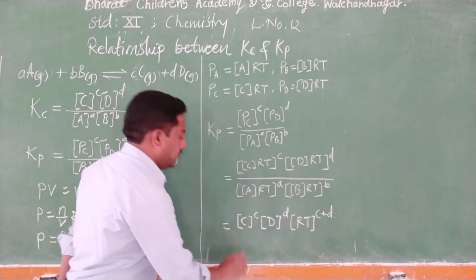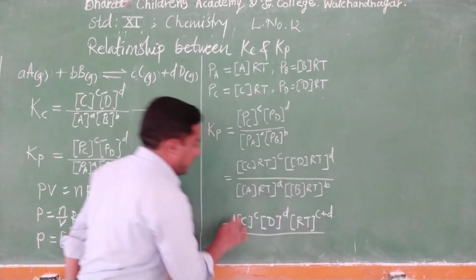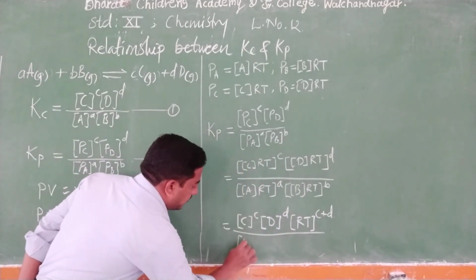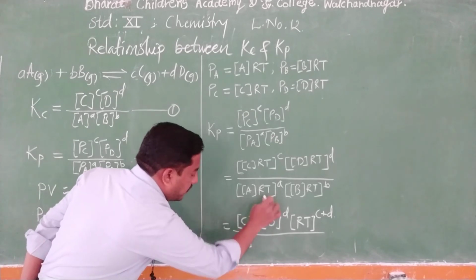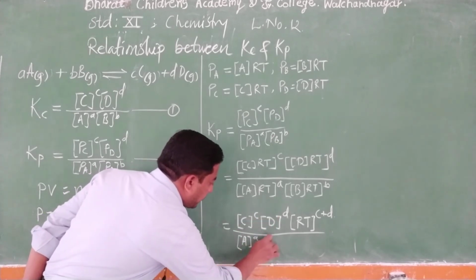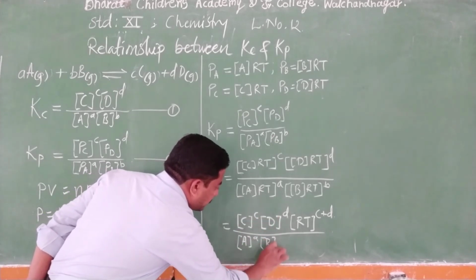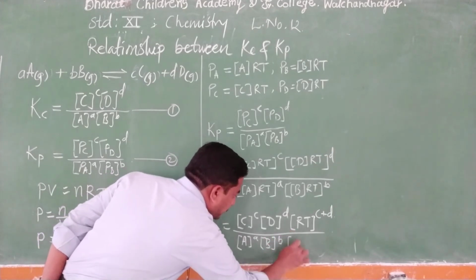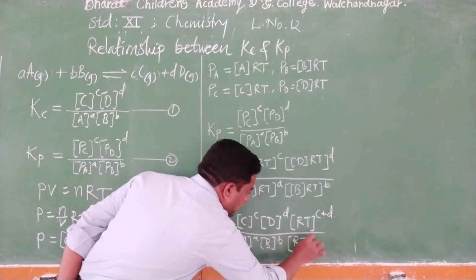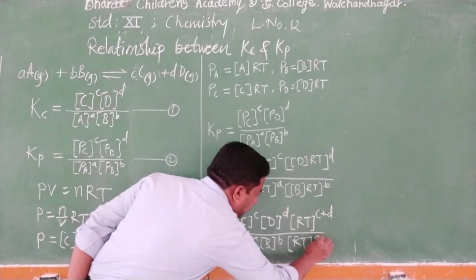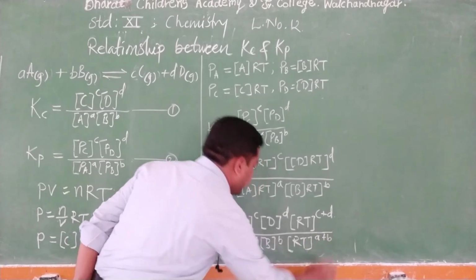Likewise, upon, in this case as well, you can take RT common. So A raised to a into B raised to b into RT will be common once again, and you can say a plus b will be the power.